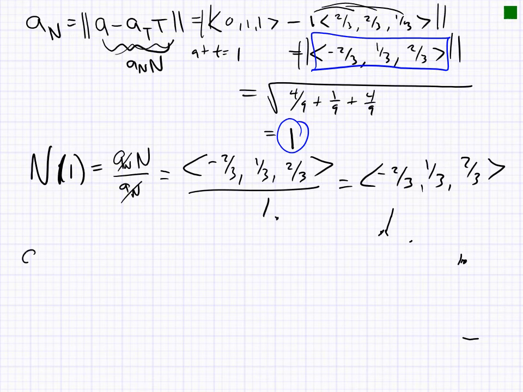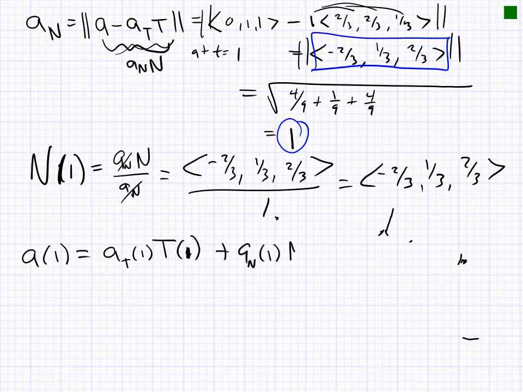And so a of 1 has to equal a sub t at 1 times t at 1 plus a sub n at 1 times n at 1. That's the decomposition. Well, a sub 1 was, what was that vector again? A sub 1 was 0, 1, 1.